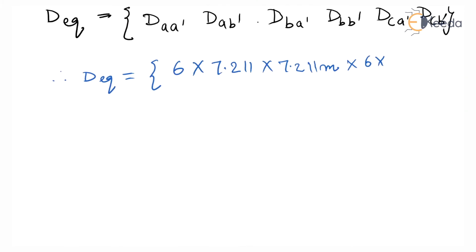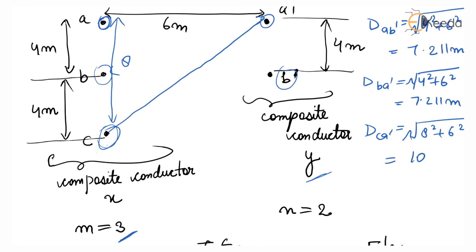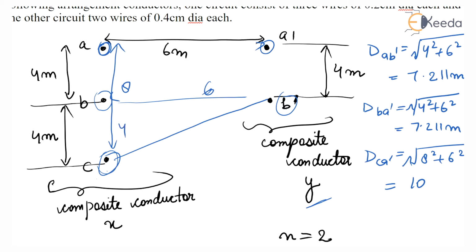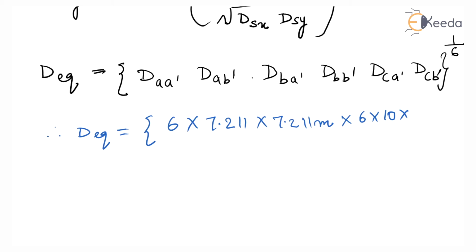And the distance from C to B dash is the square root of 4 square plus 6 square, so this is 7.211 meter. All to the power 1 by 6. So this is equal to 7.162 meter.